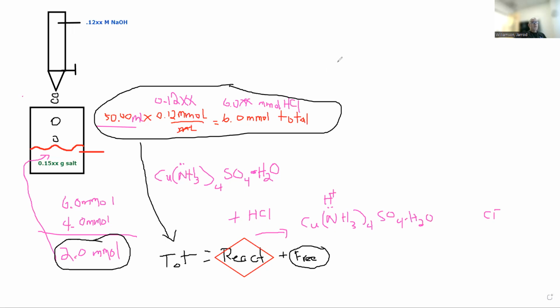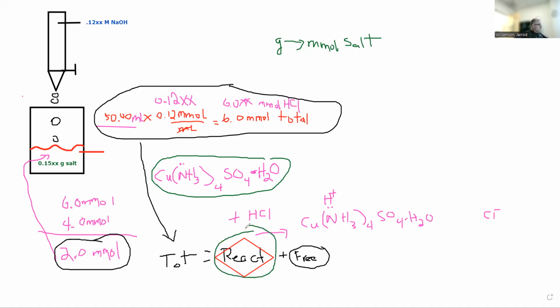Green's a good color. So then, from my grams of salt, I will be able to calculate the millimoles of the salt, because I know the molar mass of the salt, because it's this stuff right here. And from this, I know the millimoles of NH3. I suppose I should call it NH3, not ammonia; ammonia is when it's a free substance.